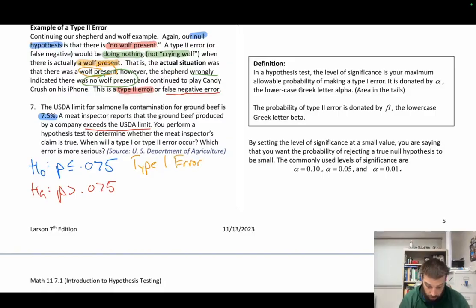All right, so let's look at a type 1 error. This will happen when the contamination is less than the 7.5%, but we reject our null hypothesis. Okay, and then let's look at a type 2 error.